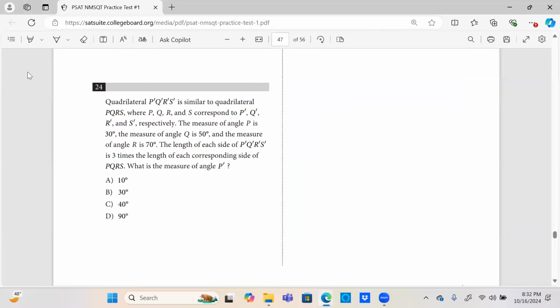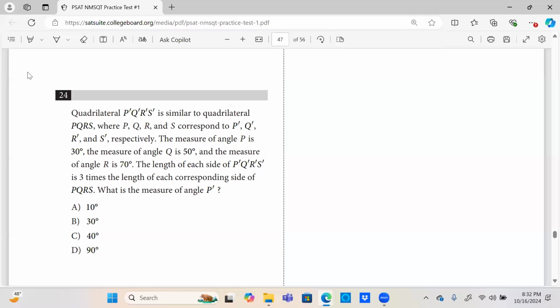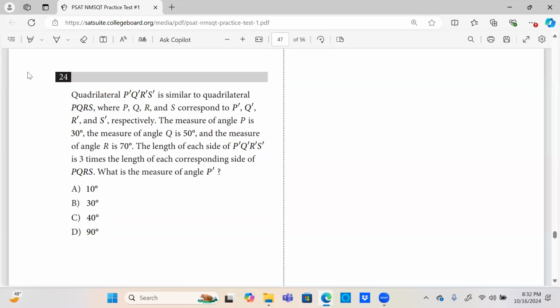We have a quadrilateral P prime, Q prime, R prime, S prime that is similar to quadrilateral PQRS, where they all correspond to their buddies. The measure of angle P is 30. Okay, so we just have some random quadrilateral. It doesn't actually say what it is. It's just any four-sided shape. I'm just faking this.